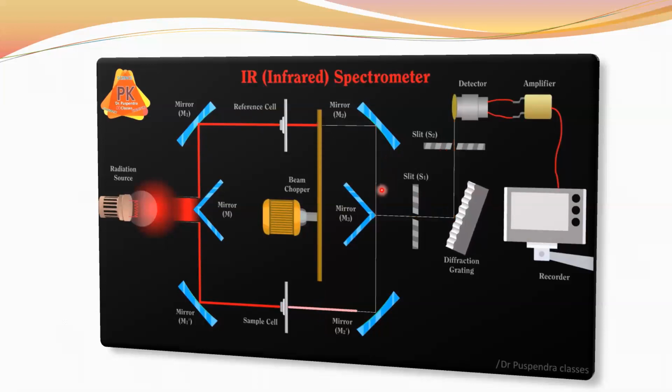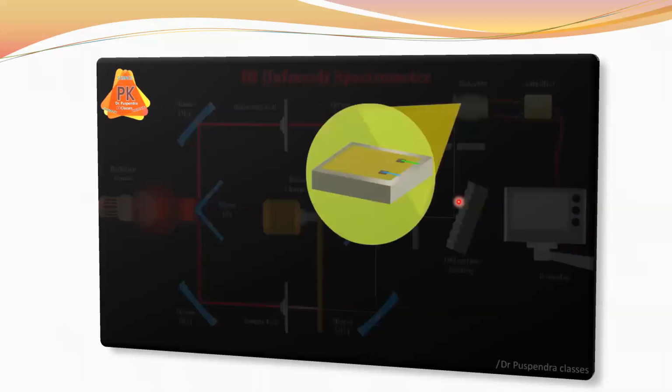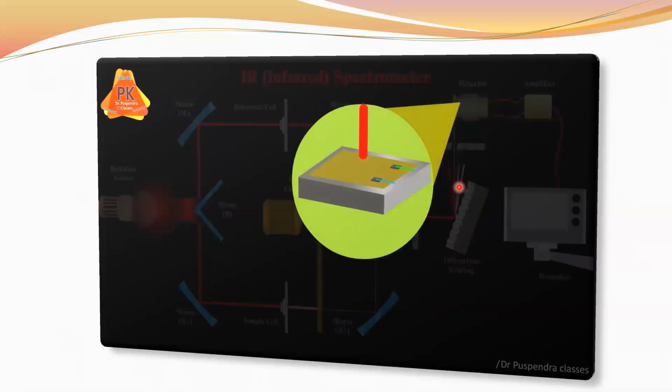Then within seconds, several times, the beam chopper chops the signal and alternatively passes the reference and the sample beam. In the same way, in the same orientation, the sample beam also reaches the detector.